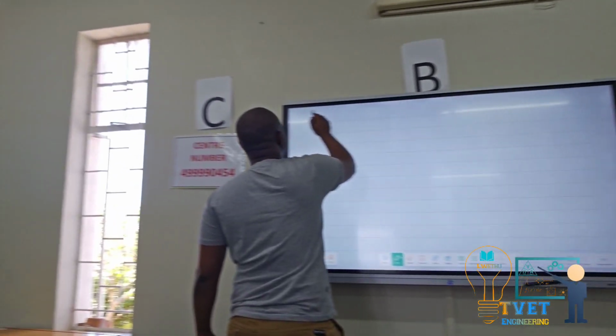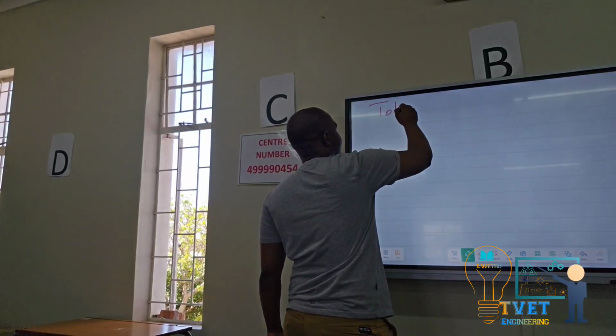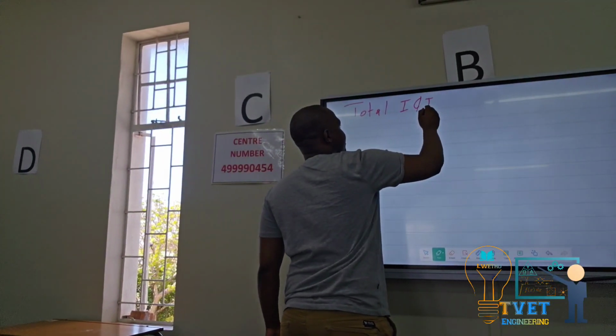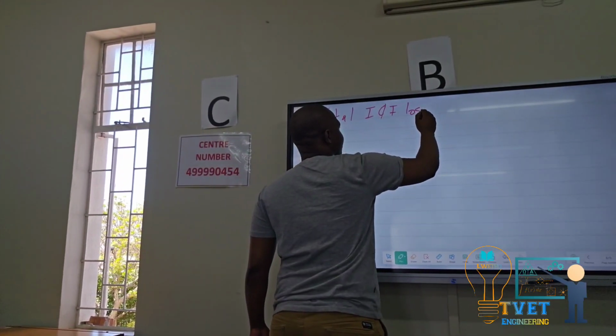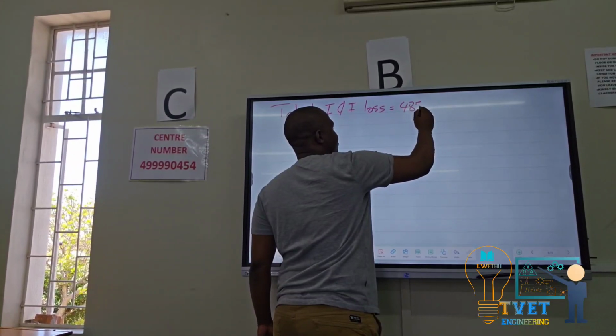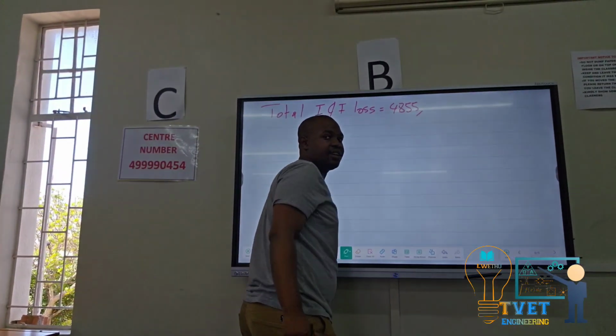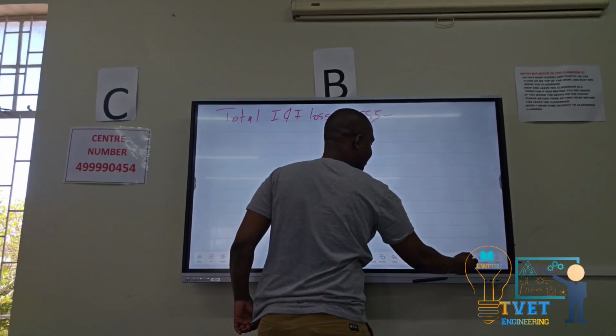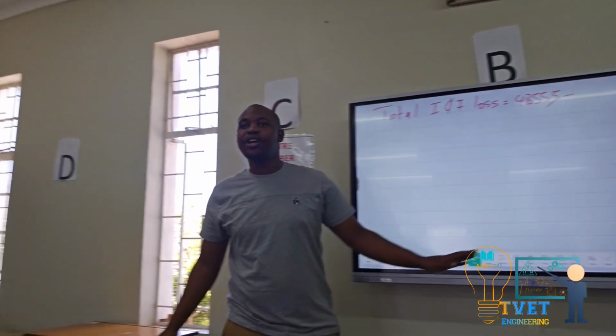So the total iron and friction loss is 4855.5 minus all the copper losses.